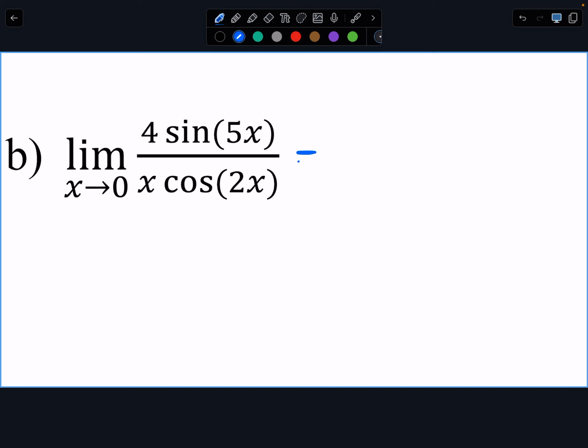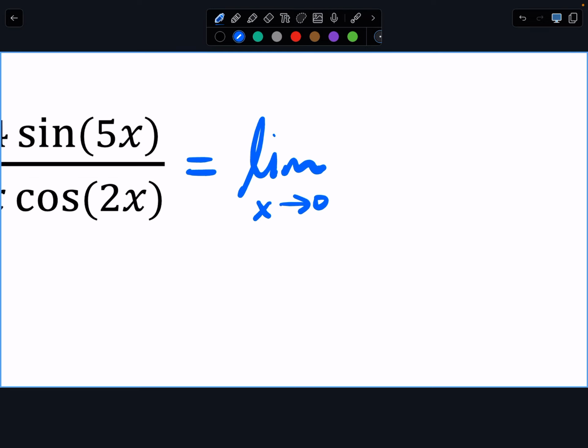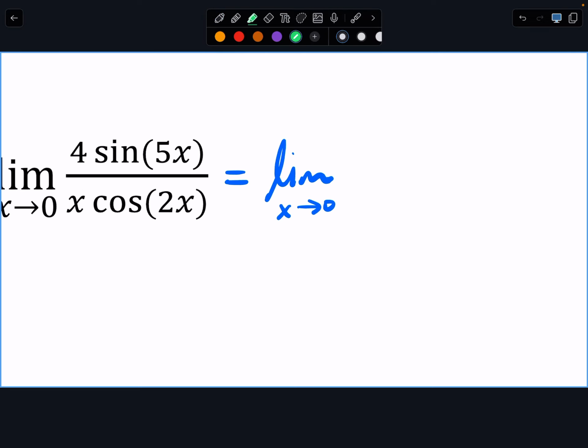So what I would do for B, first of all, what did you guys get for B? The limit in B. 20. I got 20 because I just thought about, hey, sine of 5x over x, I know that.